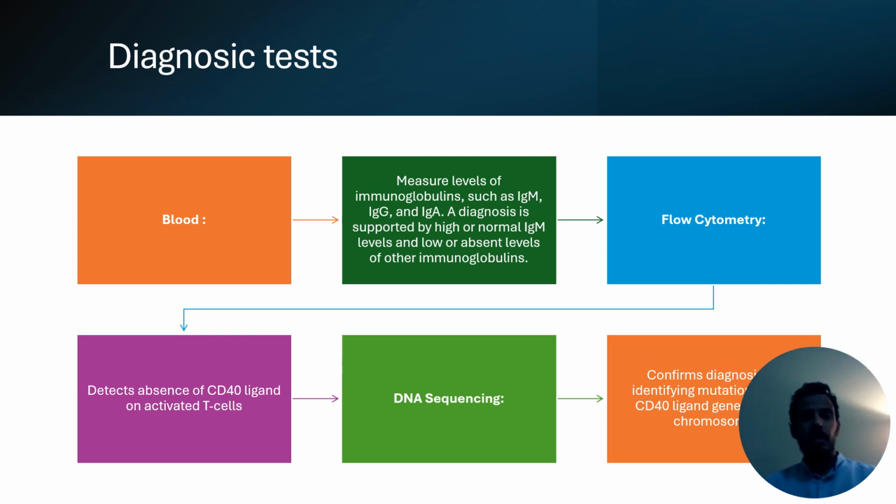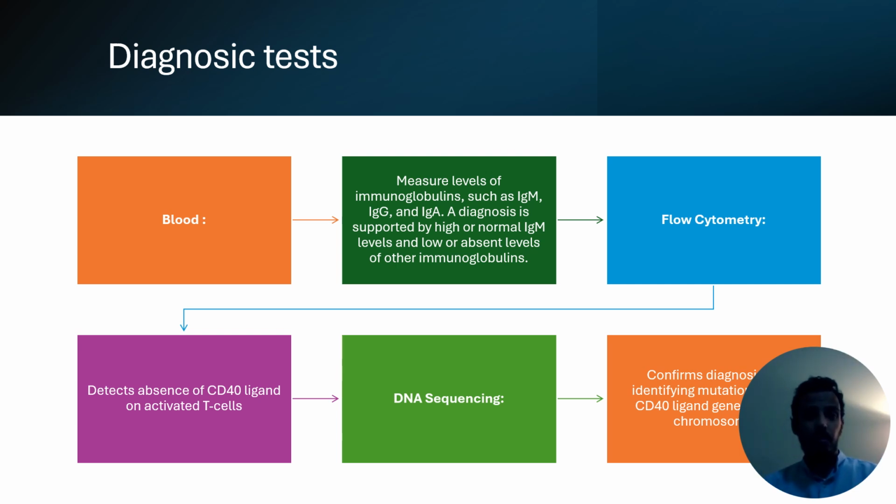Flow cytometry is employed to detect the absence of CD40 ligand on activated T cells, which is a critical indicator of immunological function. The third one is DNA sequencing.